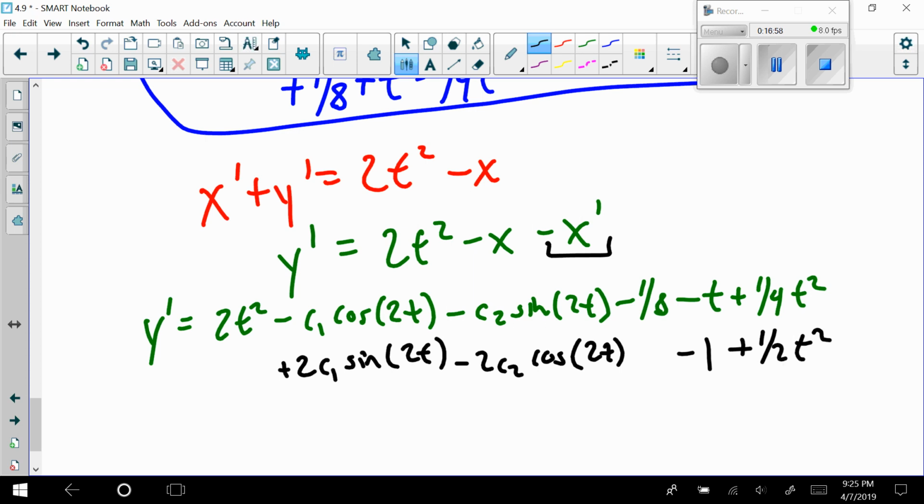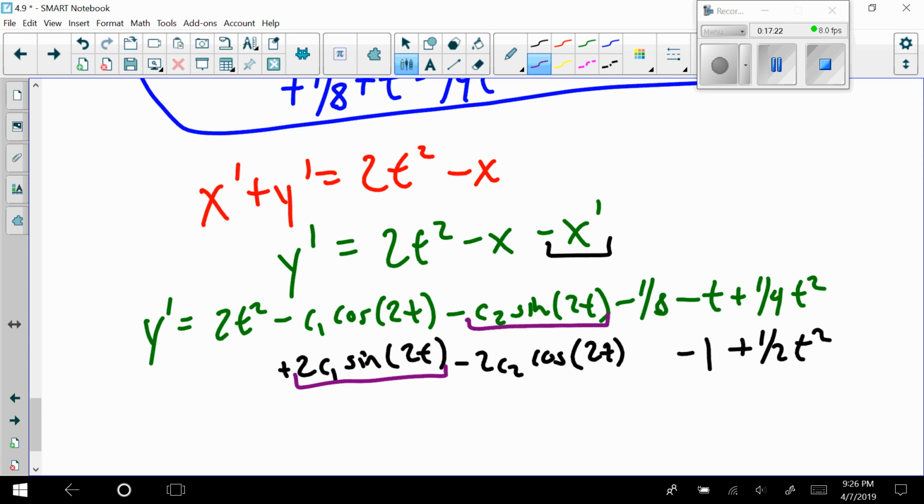And I was kind of clever. Remember, this is all in one giant line technically, which means I can actually just combine some stuff as I go through, right? I should be able to combine some things. So here I have a 2, maybe I'll highlight it, 2 c sub 1 sine 2t. And over here I have a negative 1.